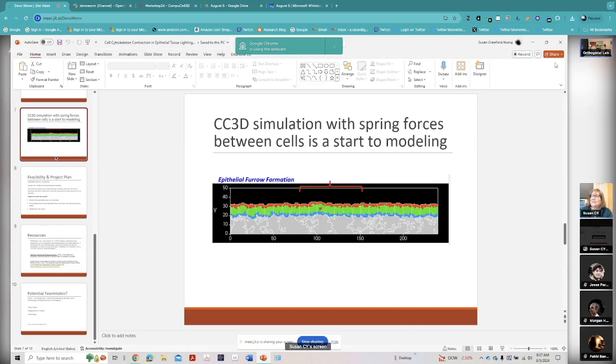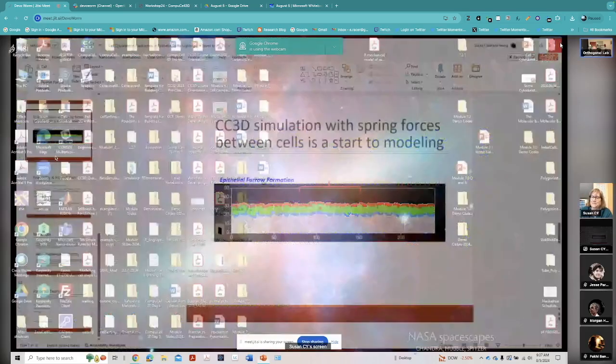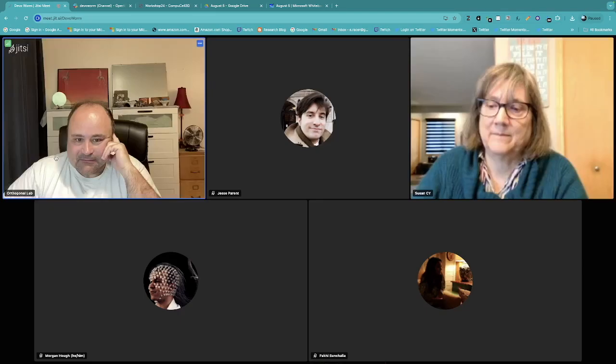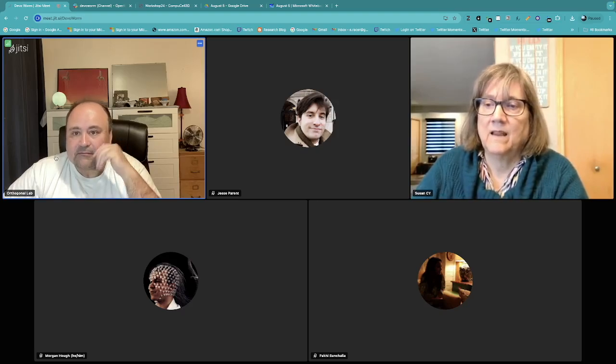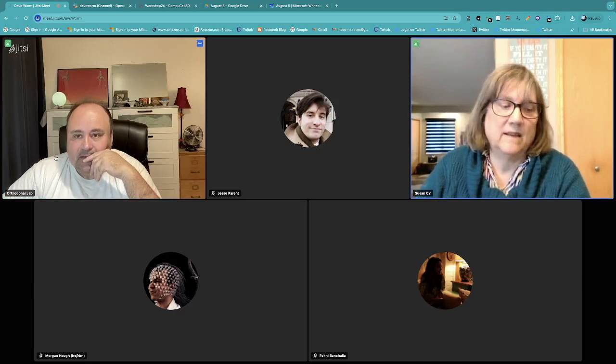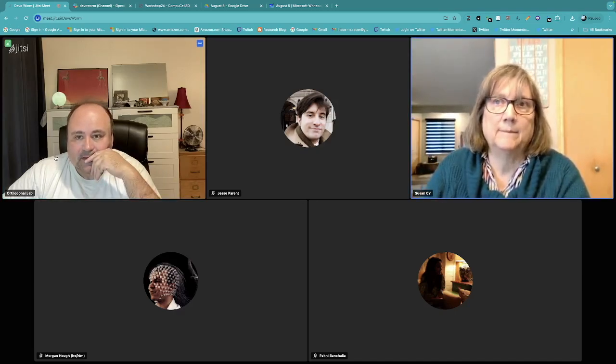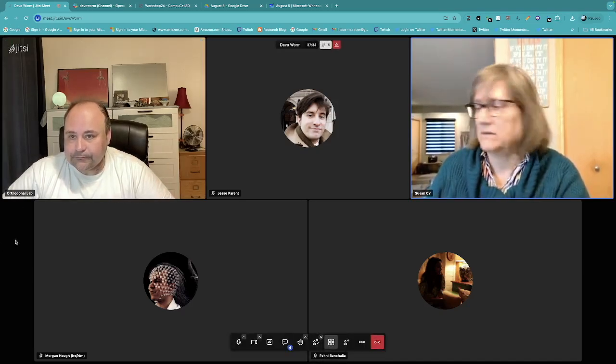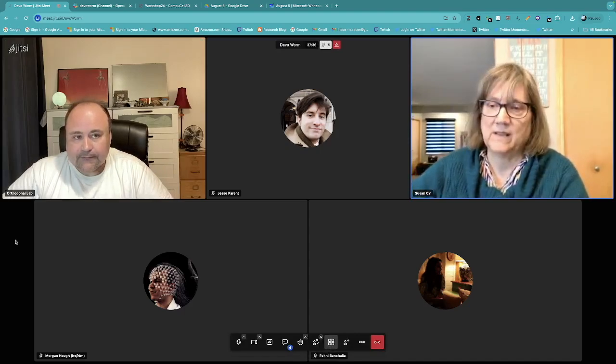Okay. So this is something that you could model in CompuCell 3D. I mean, you could do it, but you said that they don't have a good model of mechanics included in the platform. It's sort of there. He did say that it's almost directly related to the forces involved in cells. I'd have to get out my notes to see exactly what he said.